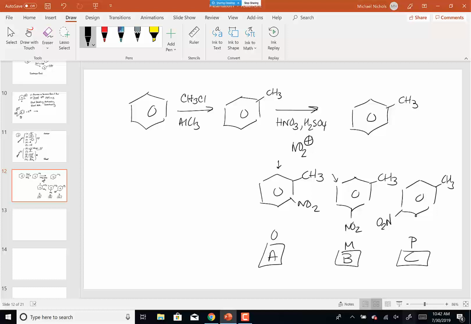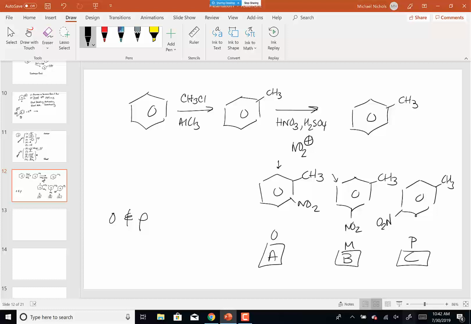Now, what we find experimentally is that activating groups and halogens add both ortho and para. So you get both sets of groups. Actually, the best way to describe it would be you get no meta substitution.